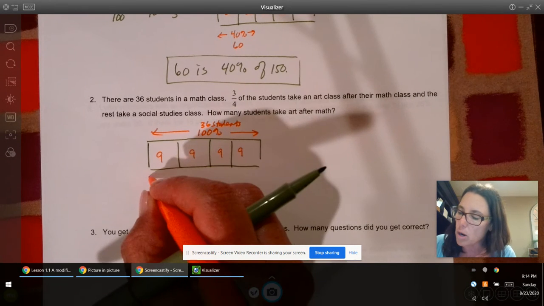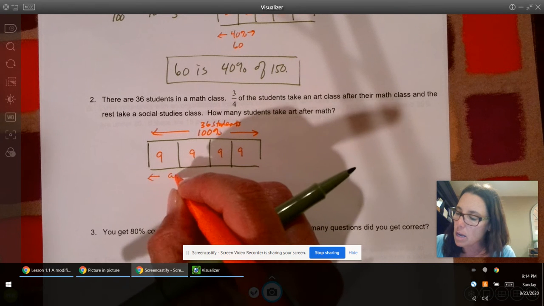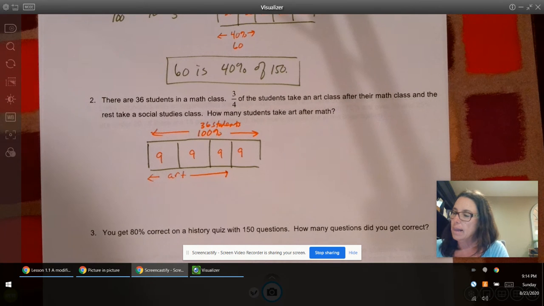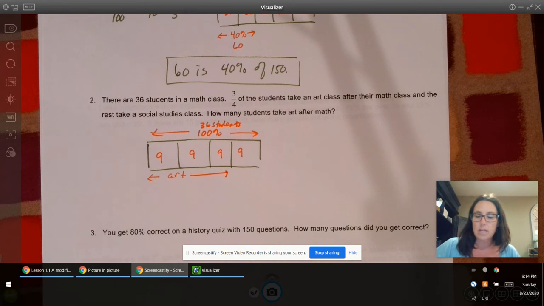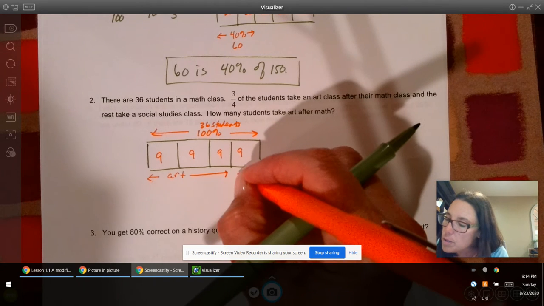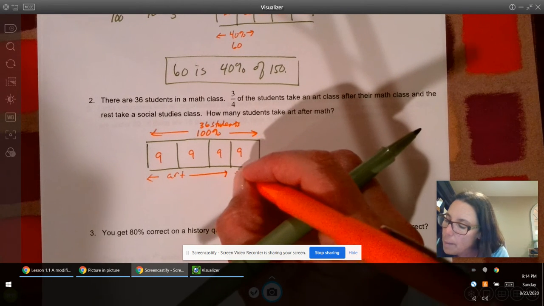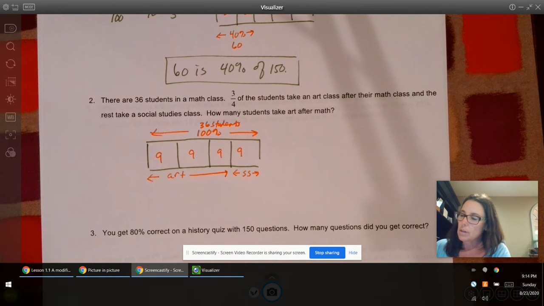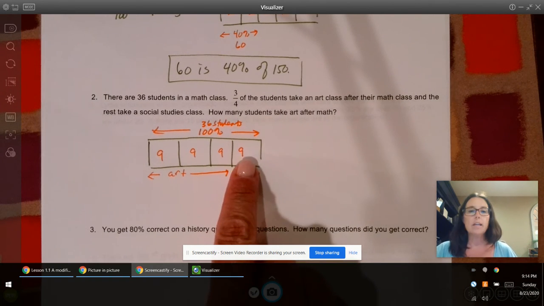It says 3/4 of them take art class. Well, are you good with marking art? And the rest take social studies. So I'm going to put SS for social studies. Now I think we can answer a bunch of questions. If I asked you how many kids took social studies, you would say 9.